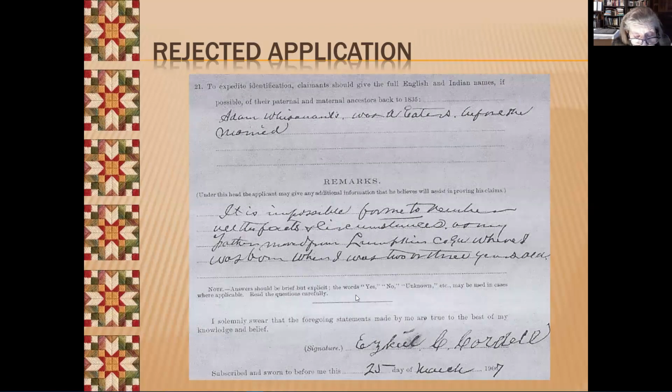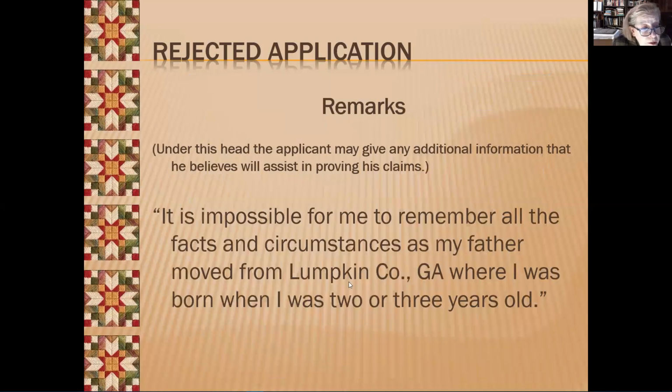So he makes application in March of 1907. But it says, it is impossible for me to remember all the facts and circumstances, as my father moved from Lumpkin County, Georgia, where I was born, when I was 2 or 3 years old. So he's saying, I don't remember any of this because I was only 2 or 3 years old.